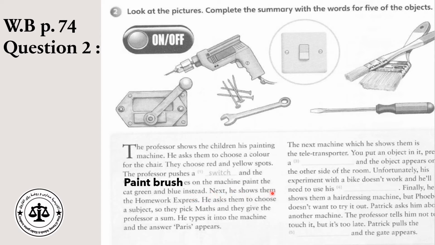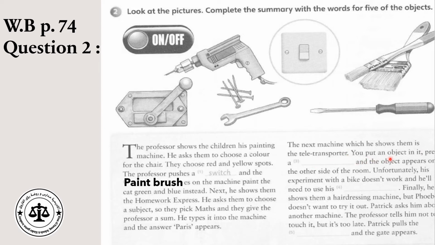Next, he shows them the homework express. He asks them to choose a subject, so they pick maths and they give the professor a sum. He types it into the machine and the answer Paris appears. The next machine which he shows them is a teletransporter.